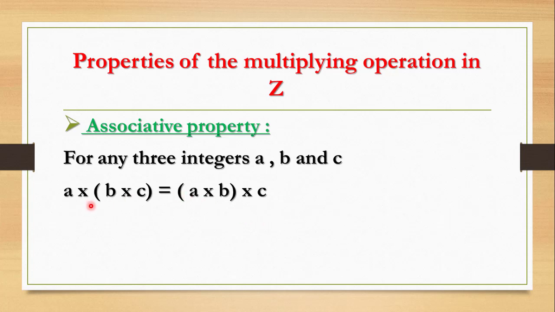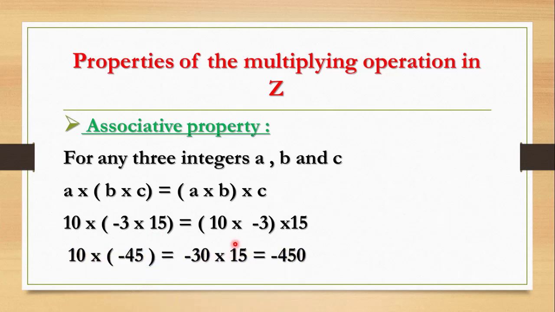You can multiply B times C, then multiply the result by A, or you can multiply A times B, then multiply the result by C. For example, 10 times negative 3 times 15: here we have 10 times negative 45, and here we have negative 30 times 15. The result will be negative 450.